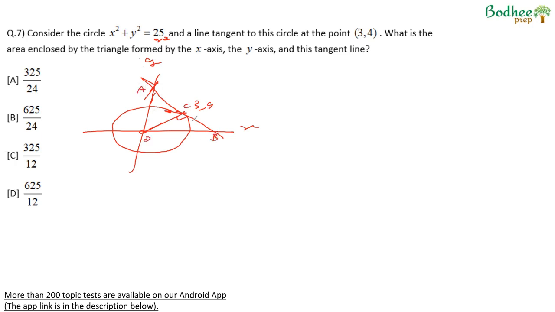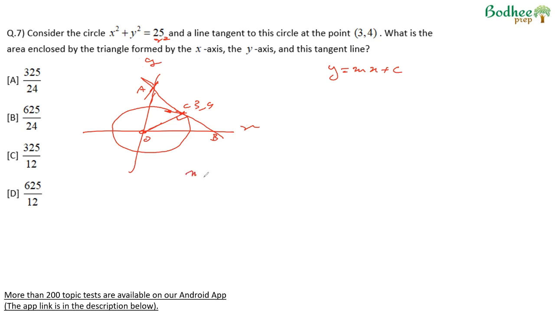Let this point be C. We can find out the equation of line AB. Suppose the equation of line AB is y is equal to mx plus c. Now, the slope for this line can be derived from the line joining OC.